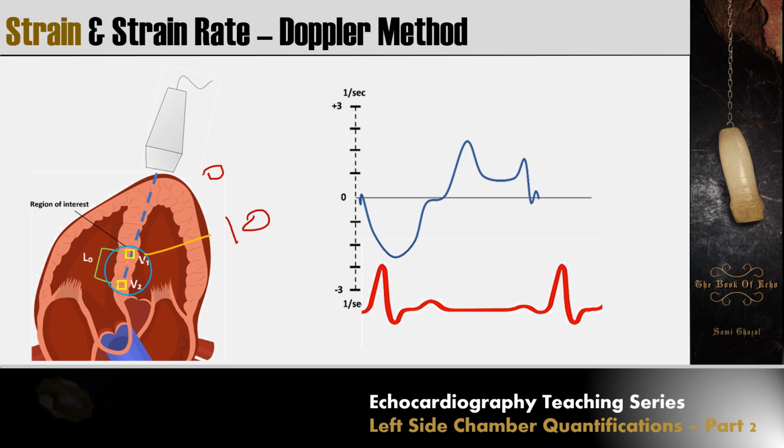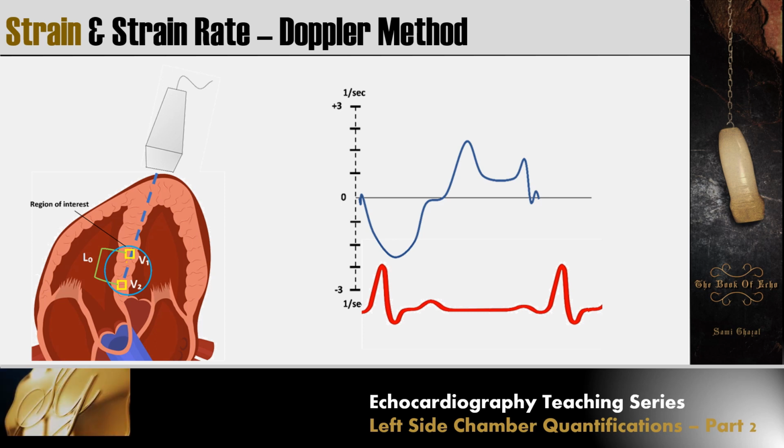Okay, so strain rate, how does it look? Usually it has an initial negative deflection here during systole, because we have to understand, it is shortening. When the segment is shortening, you will have a negative strain and strain rate.